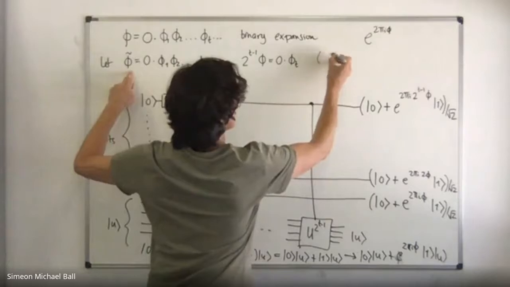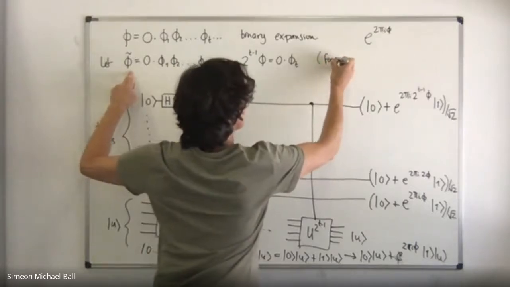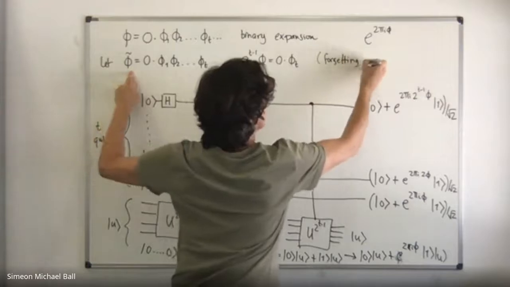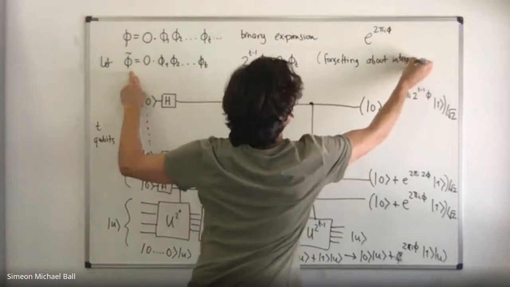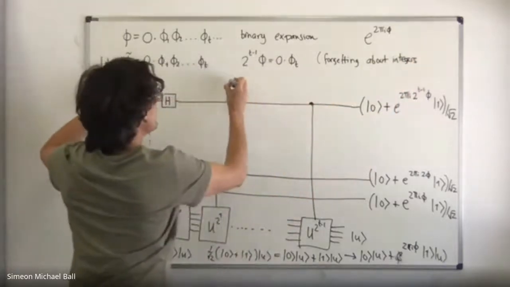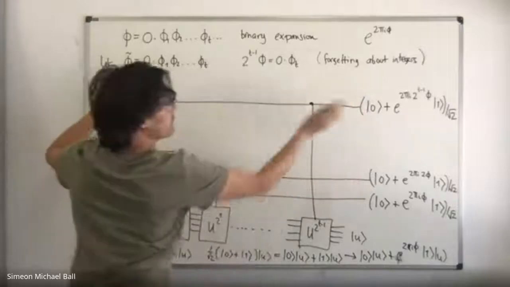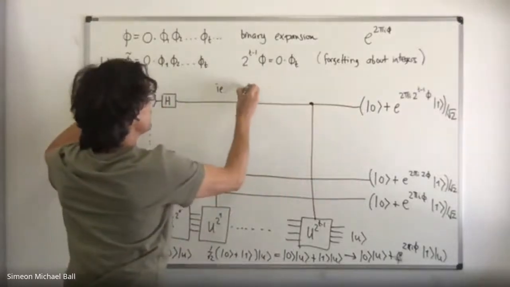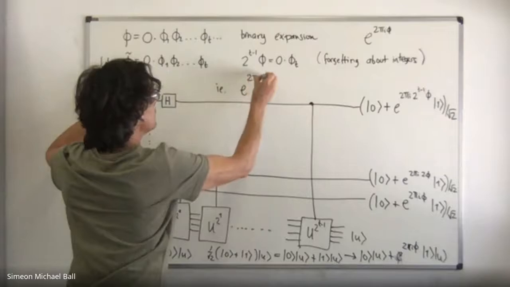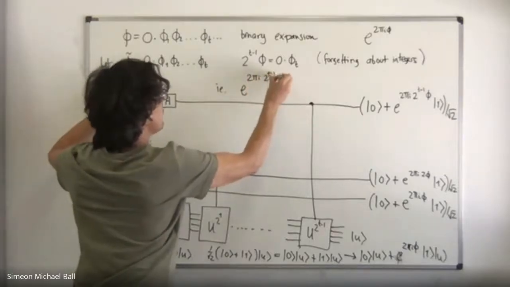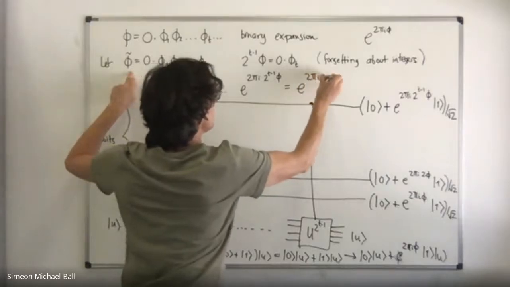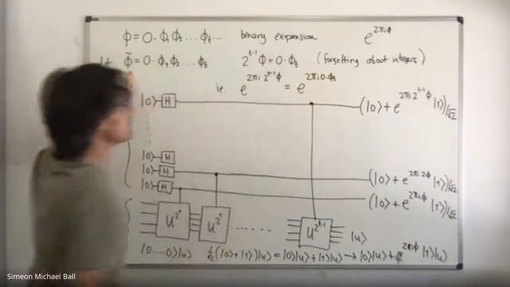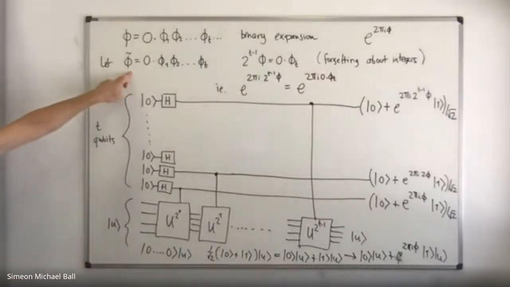So in fact, it's better for us, isn't it? If we now look at e to the 2 pi i, 2 to the t minus 1 phi, this is precisely e to the 2 pi i 0.5t, because the integers disappear with the e to the 2 pi i.